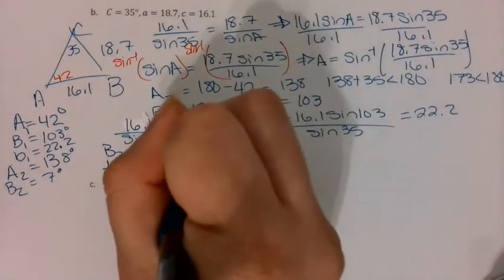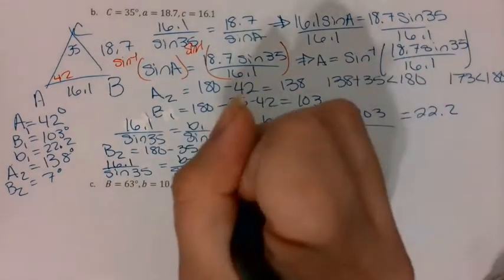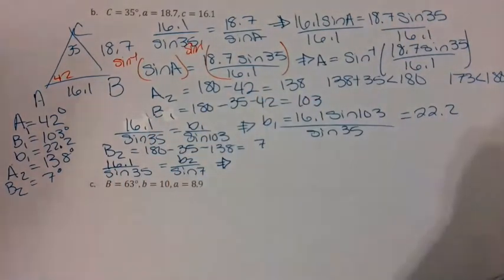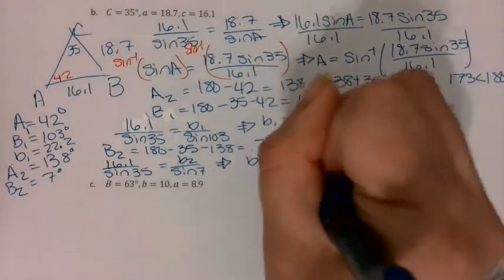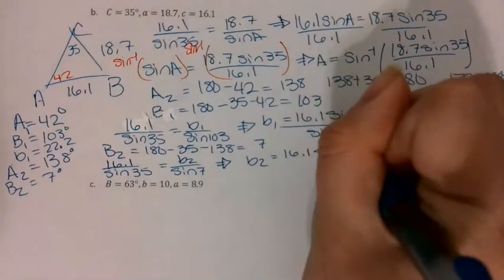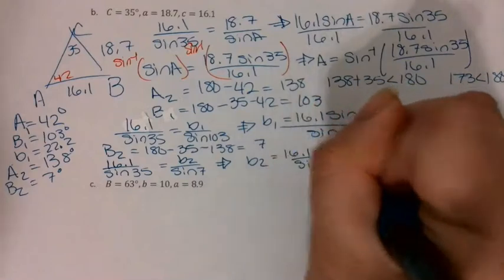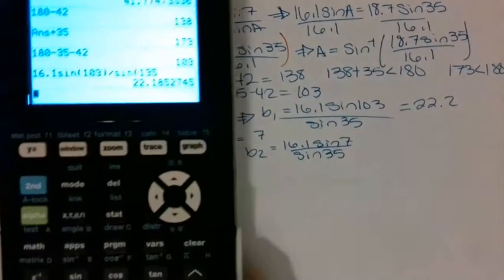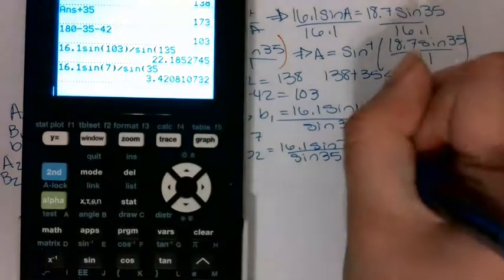Now it's going to equal B2 over sine 7. I multiply both sides by sine 7 to get it out of the denominator, and I get B2 equals 16.1 sine 7 over sine 35. 7, not 2. Which gives me 3.4.